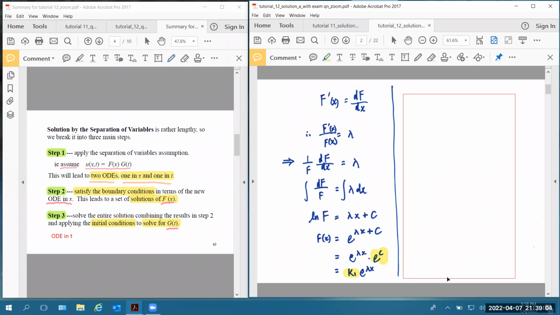Any questions here, class? All right, now this one here is equal to this one. I hope you all know this formula.